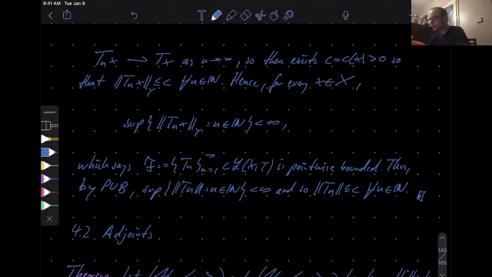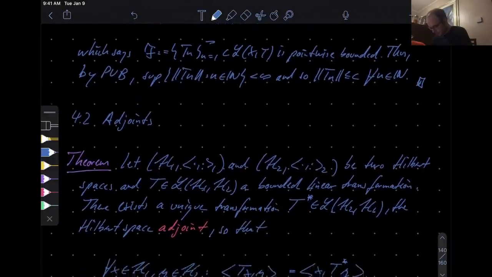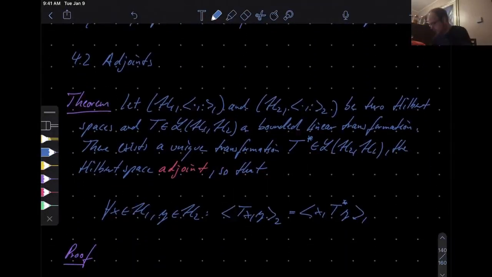Just three more convergence types that will play a role in the things to come. And now, more importantly, the next section about adjoints. So remember when we were doing in chapter 3 the section on duals and double duals, the first thing we did there was defining the so-called dual transformation.